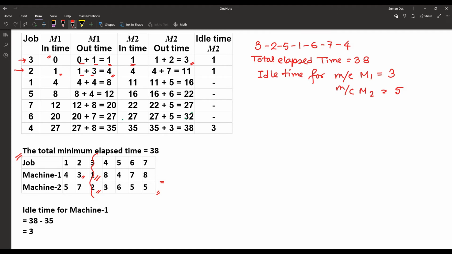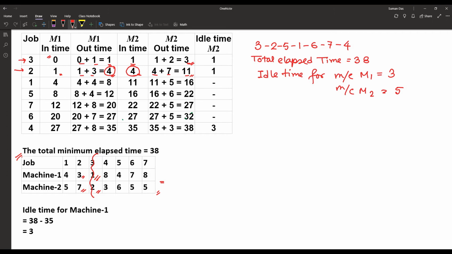Now M2 ended at out time 3, but as M1 out time is 4, it has to start from 4 as it is in the order. So in time 4, and for job 2 the processing time on machine M2 is 7. So 4 plus 7, that is 11, the out time for machine M2.